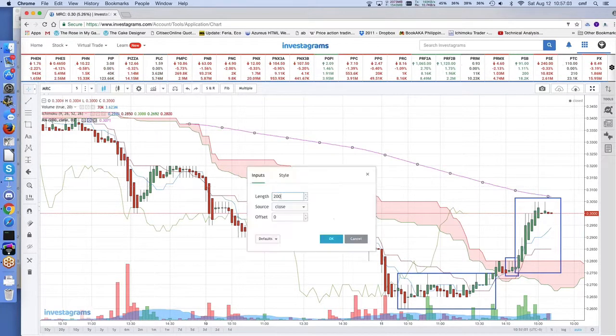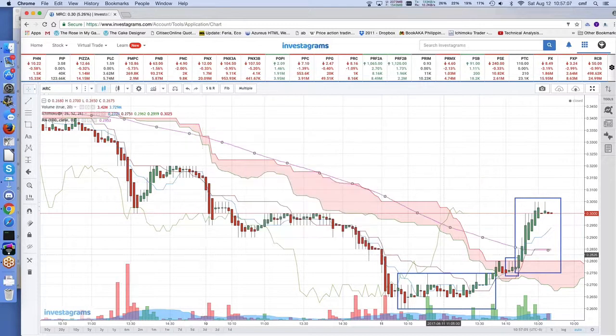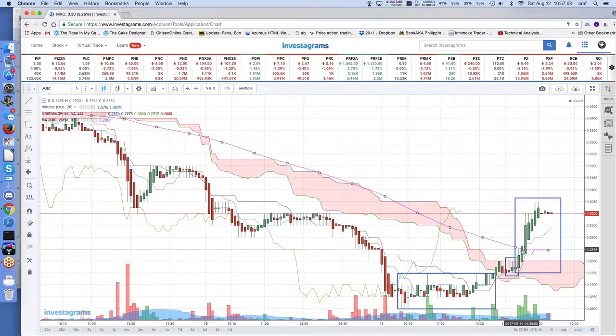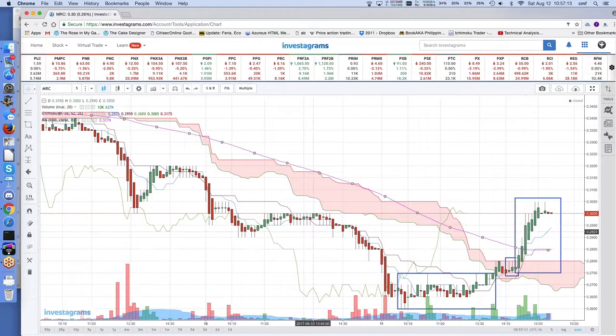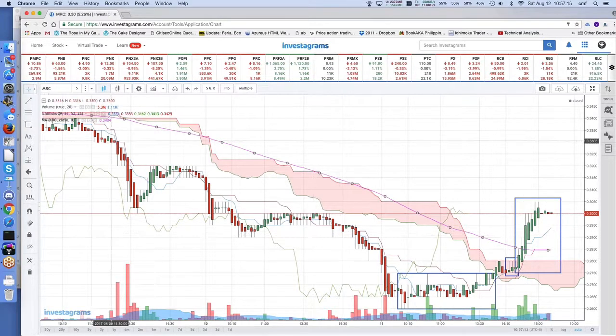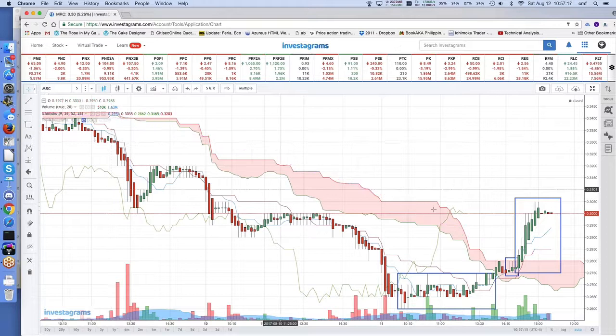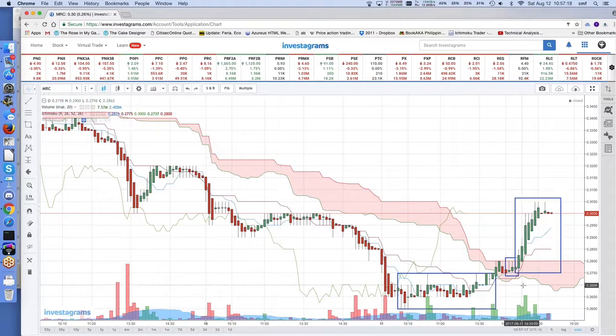Let's look at where the MA 100 is found. It also broke above MA 100 at 28, so 28.5. But nonetheless, the Ichimoku signals already gave you buy signals here.